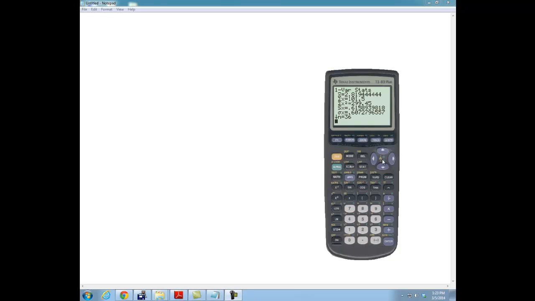Okay, so starting with those numbers again, we have our GPA average of those 36 students at 2.82, and we'll do the minus first, 2.58, which is our z-score from the confidence interval of 99%. Then we multiply that by our standard deviation, 0.62, divided by the square root of 36.